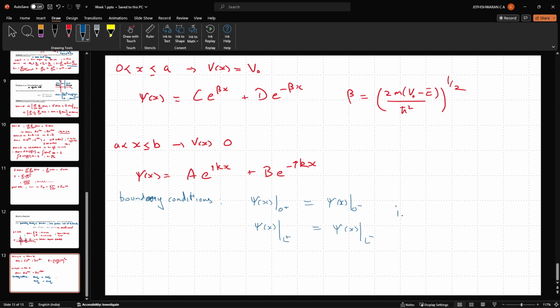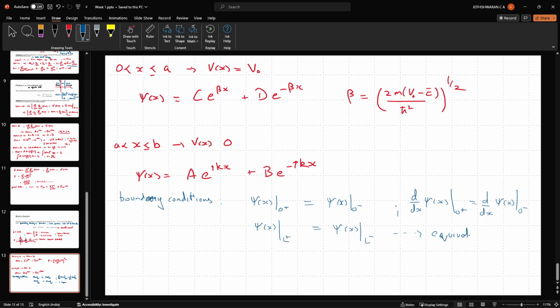And similarly, we will have two more conditions, which is d by dx of psi of x at 0 plus is equal to d by dx of psi of x at 0 minus, and analogously we will have the equivalent condition at L.